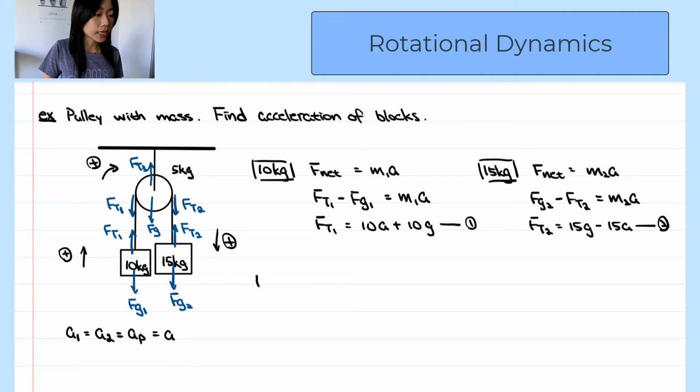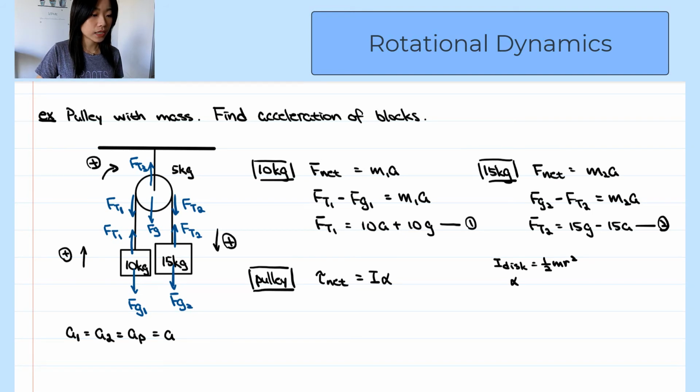Now let's look at the pulley. Here, instead of finding the net force, we are going to find the net torque. And net torque equals moment of inertia times angular acceleration. Moment of inertia for a disk is half times the mass times radius squared.